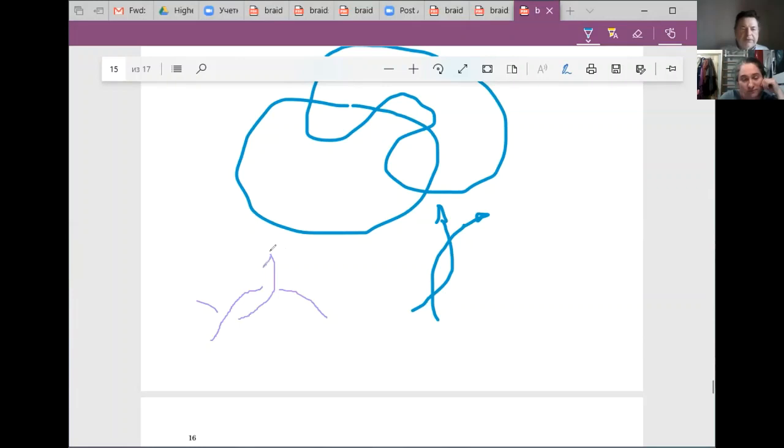So let us consider Reidemeister 2. So what we have here? No, we cannot Reidemeister 2 in this case. No, we have.